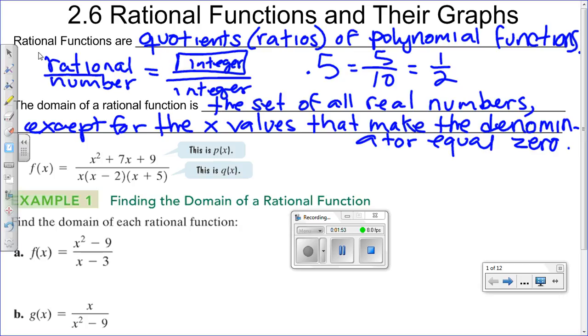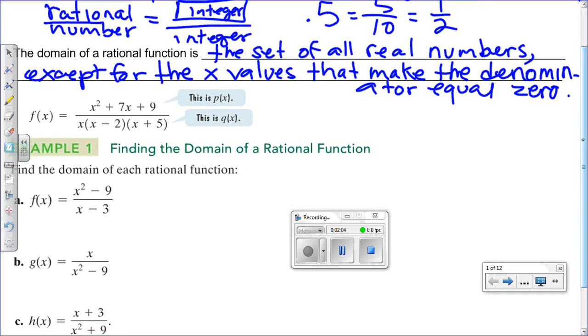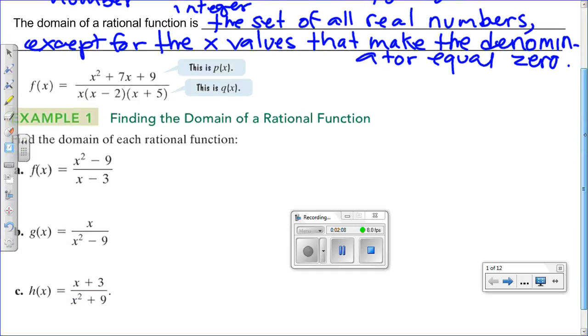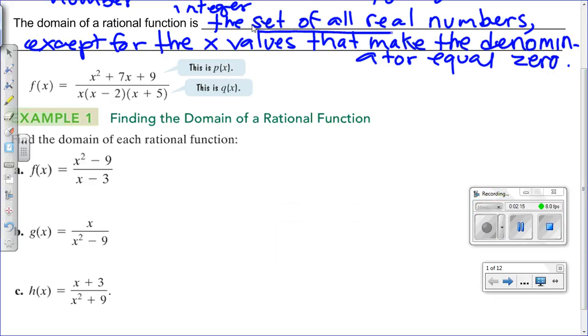And so if the denominator equals 0, we know that the function will be undefined for that particular x value. So to find a domain, we have to find those numbers that will be excluded from the set of all real numbers.